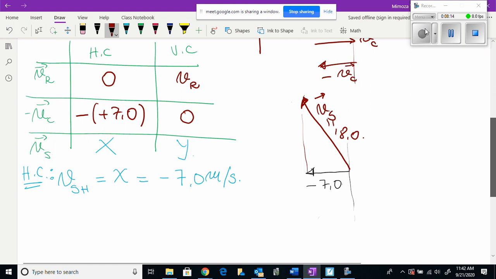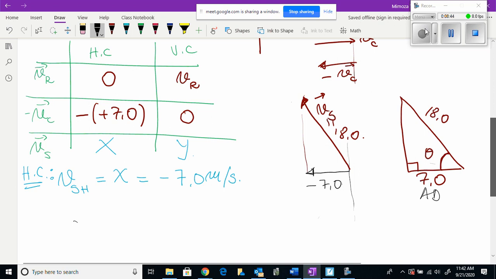So now what you have is a right-angle triangle in which the hypotenuse is 18 and one of the sides is 7. And I'm asking you to solve for this angle theta. In relation to the angle theta, 7 is adjacent and 18 is always the hypotenuse.